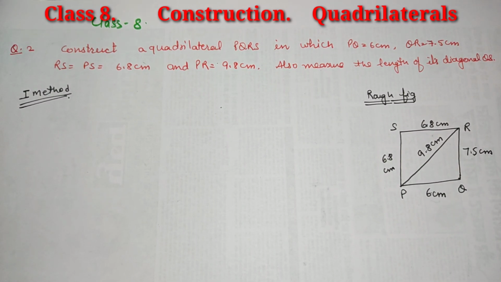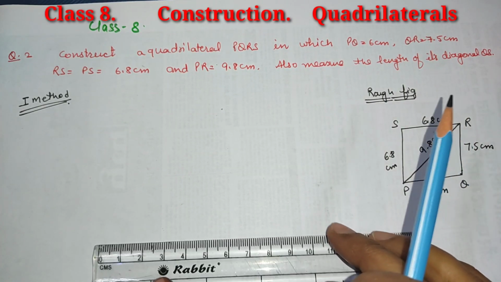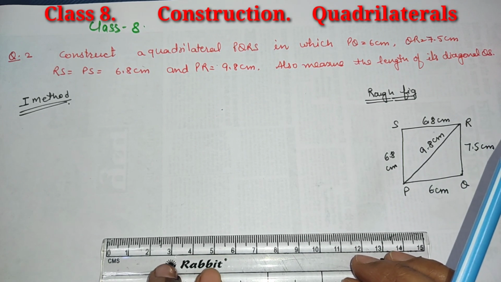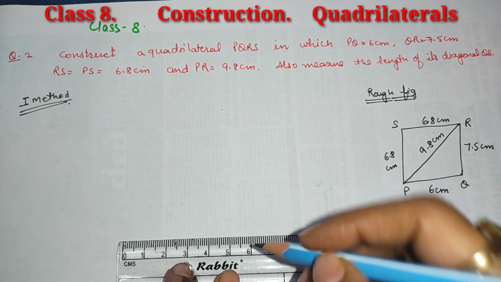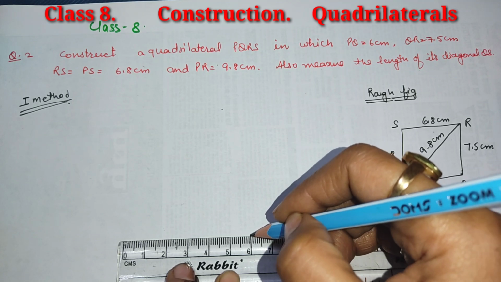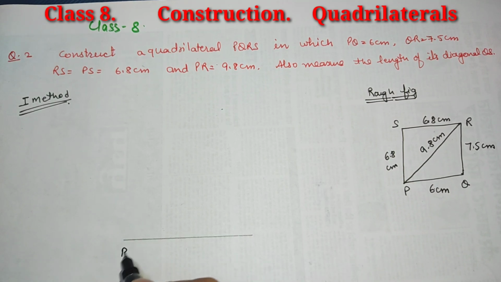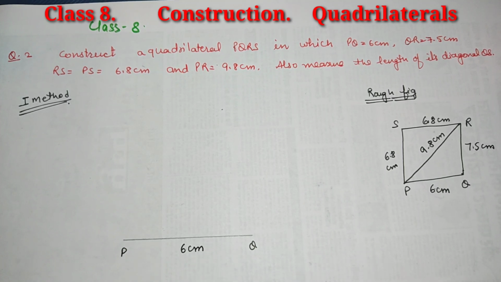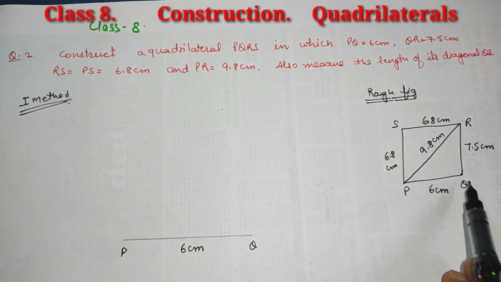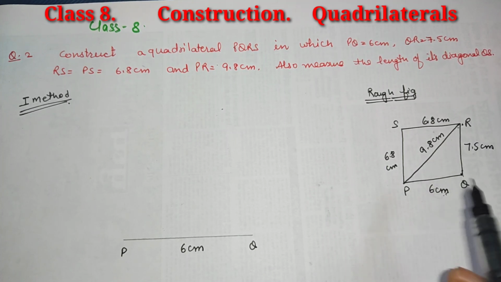Now see, first I will take PQ 6 cm. So I will take P and Q 6 cm and name it PQ. At the same time as I draw the line, I have to write it is 6 cm. After that, you can see from the rough figure, QR is 7.5.